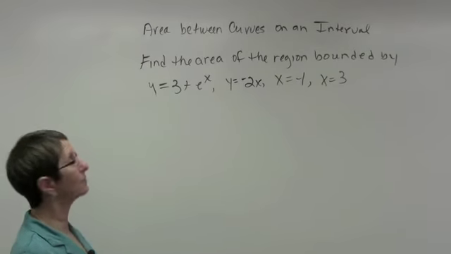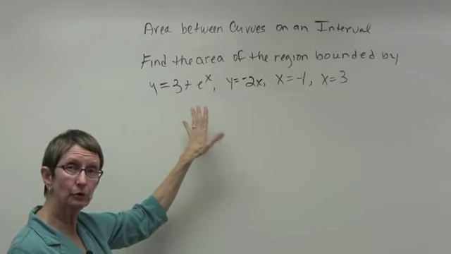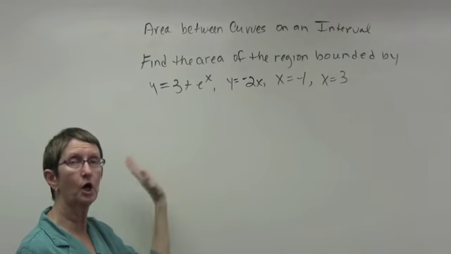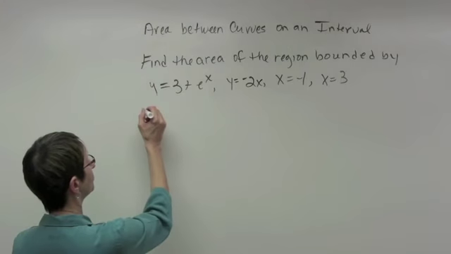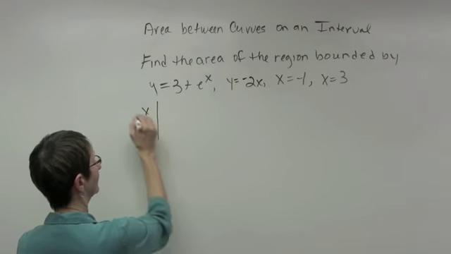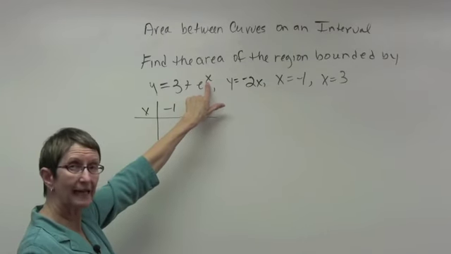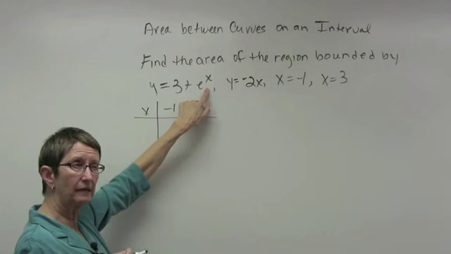Let's look at a second example now that involves an exponential function. But again, the rule is the same. We need to know which is the upper function, which is the lower function on the interval from -1 to 3. So, looking at x at -1 and 3, if I plug in -1 here, I have 3 plus e to the -1.